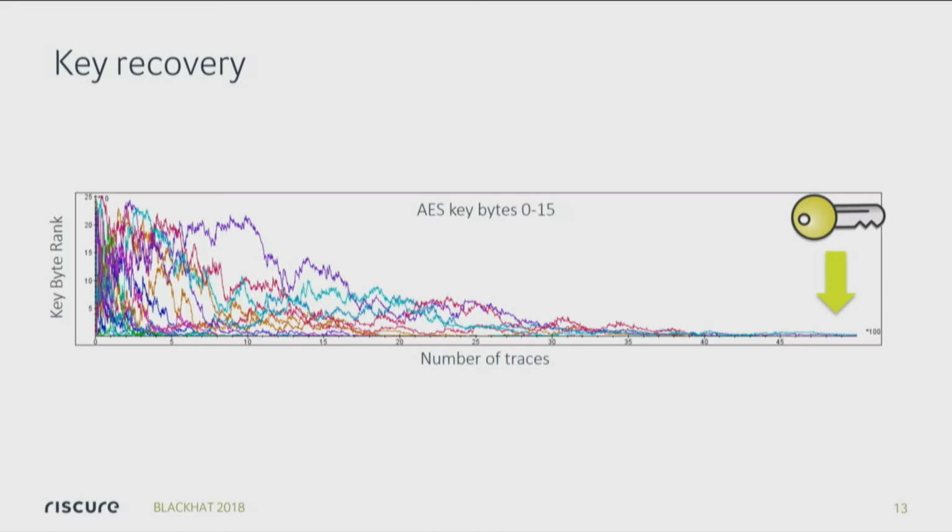An often used metric for this is just the number of traces that you need to extract the key. As soon as you see these plots, all the lines converge to 0. That's the point where you can extract the key. So for this device, we would say we can extract the key in about 5,000 traces. So that's not a very strong device.